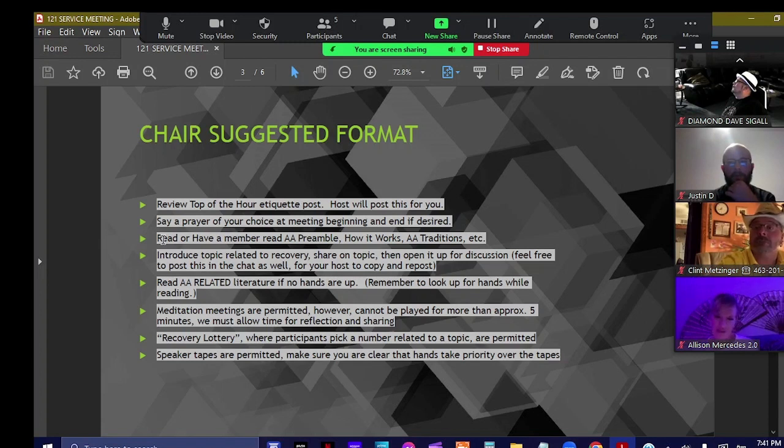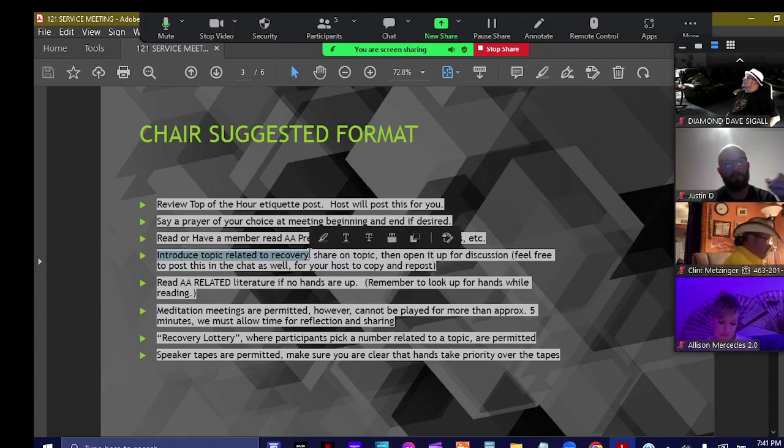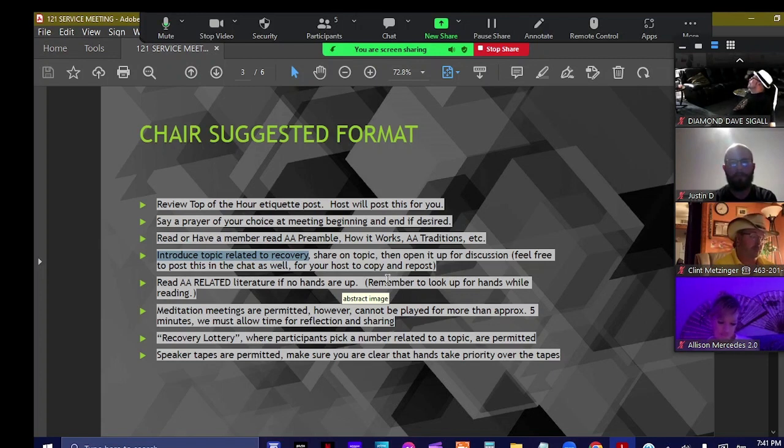That being said, read or have a member read the preamble, How It Works, traditions, etc. If your topic is the daily reflections, for example, read the daily reflections right here. Introduce a topic related to recovery. What that means is if you have found a motivational quote that has inspired you to become more proactive, being proactive is a part of recovery.